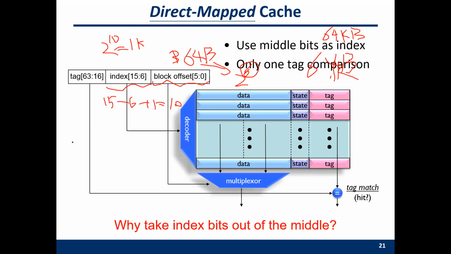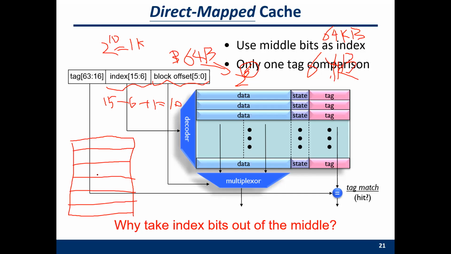As you know, the memory is organized as consecutive blocks. You can view the memory like this, like one line, like an SRAM array.